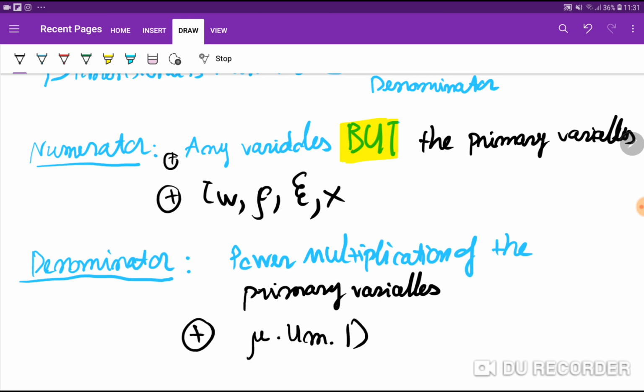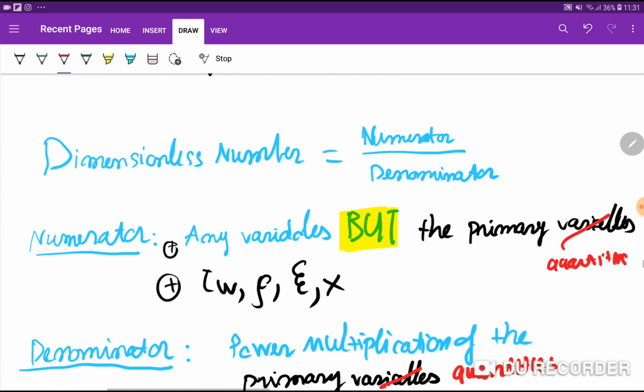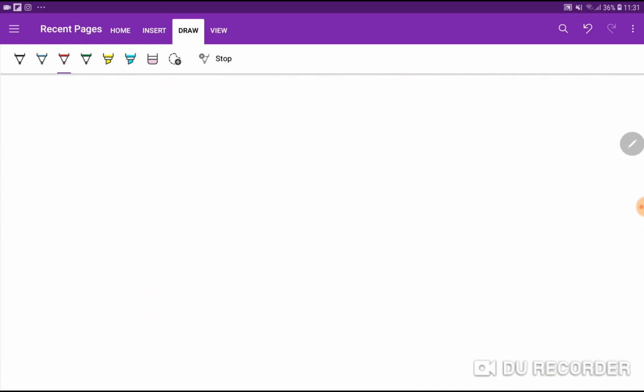What does that mean? For example, our primary quantities are rho, mu, d, so you just raise each to a power, a1, b1, c1, and later I will find them, or it can be rho to the power a2, mu to the power b2 times d to the power c2. As long as it's a power multiplication of the primary quantities. So we know the numerator and denominator. Now let's go ahead and find each of them.